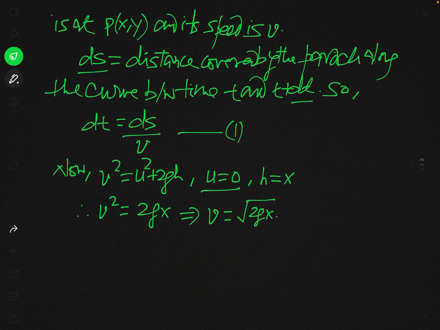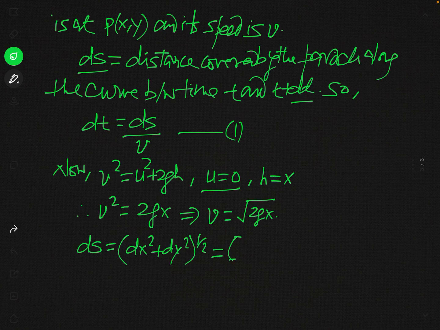And again, you can see what this ds is. You know ds is equal to dx square plus dy square whole to the power half. You have used this result several times. Now take dx square as a common factor.